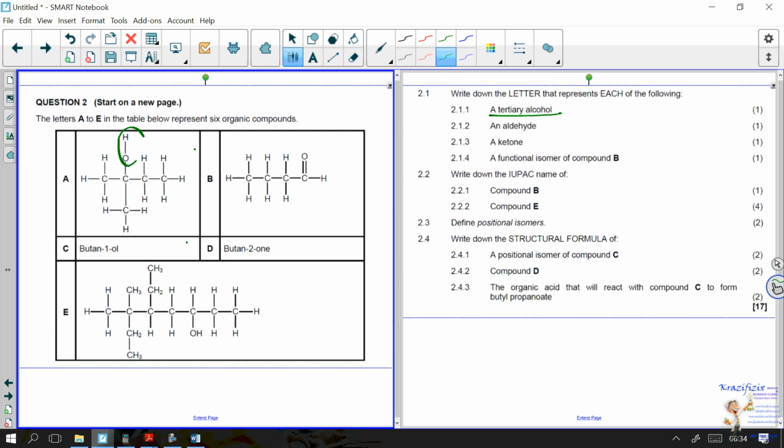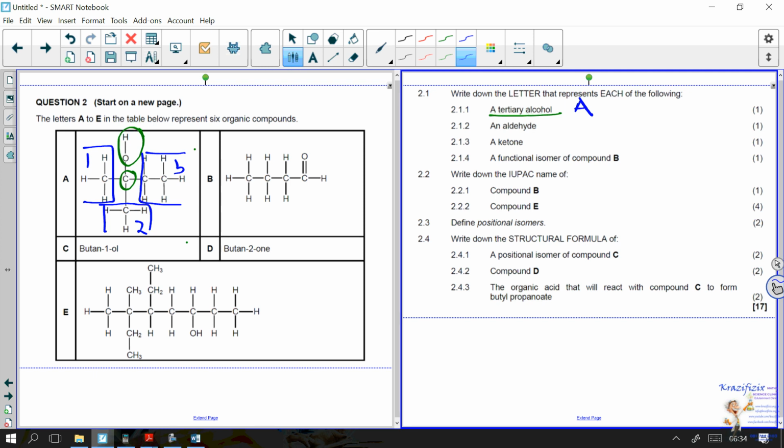This compound here, that's my functional group, attached to this carbon atom, and this carbon atom is attached to 3 alkyl groups: 1, 2, and 3. Do you see my demarcation? The OH hydroxyl is attached to this carbon. That carbon is attached to 1, 2, 3. That is a tertiary alcohol. Correct answer is A.